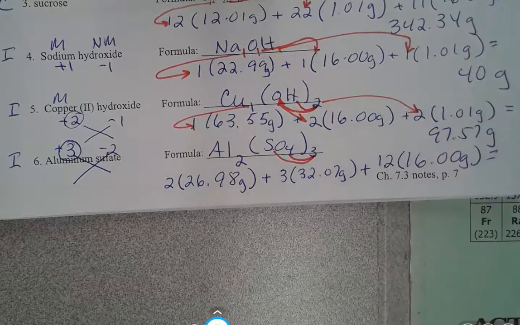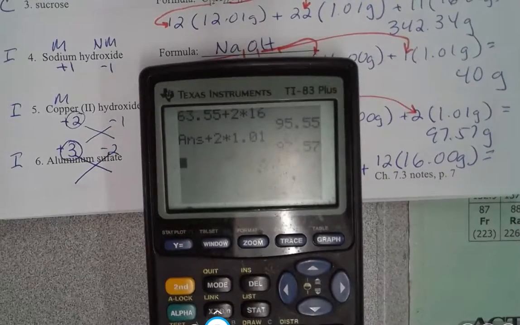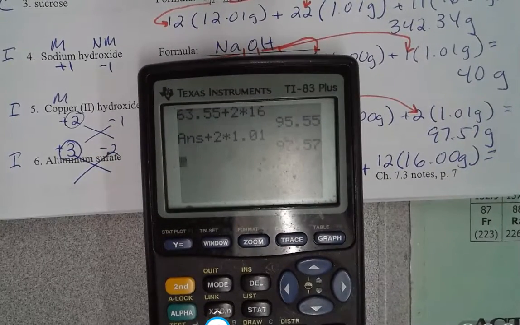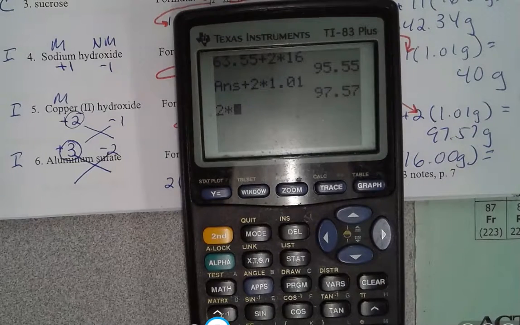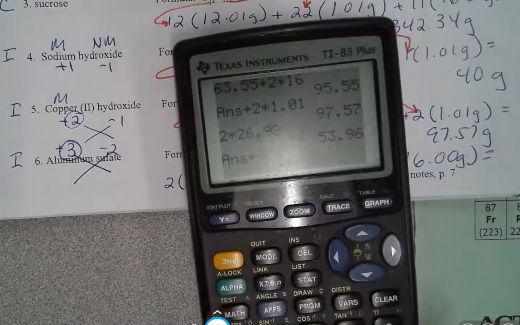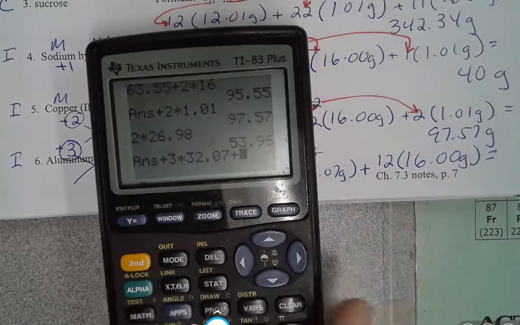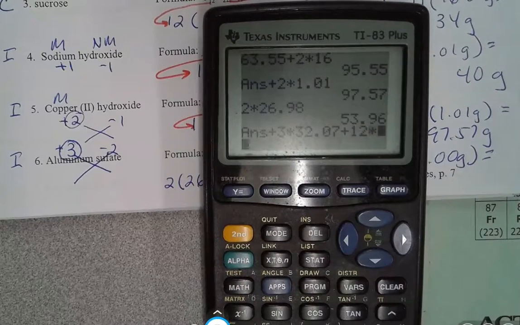All right, and let's add this up. You ready? Let's do this. So this is going to be a big number, I think. So here's my aluminum. So I have 2 of those. So 2 times 26.98 plus 3 times 32.07 plus 12 times 16.